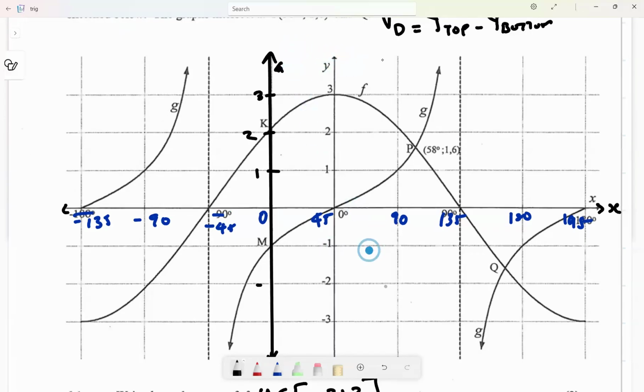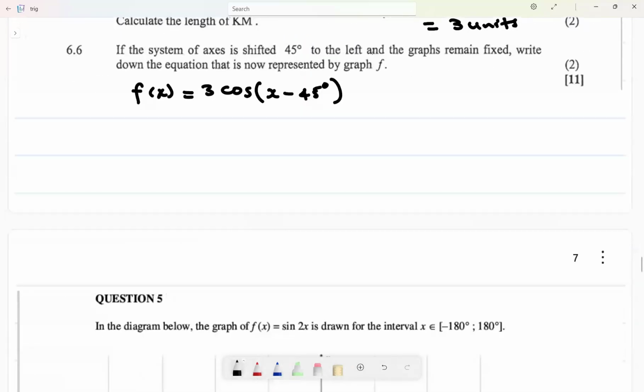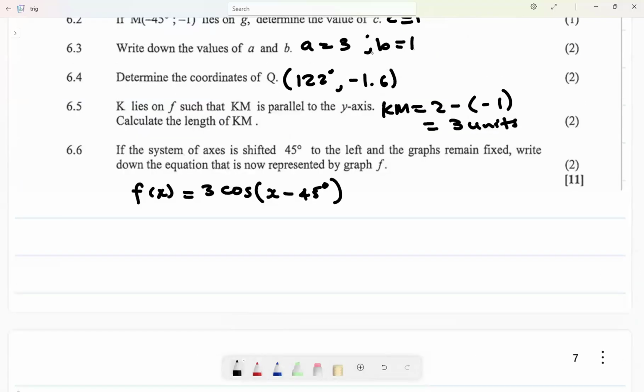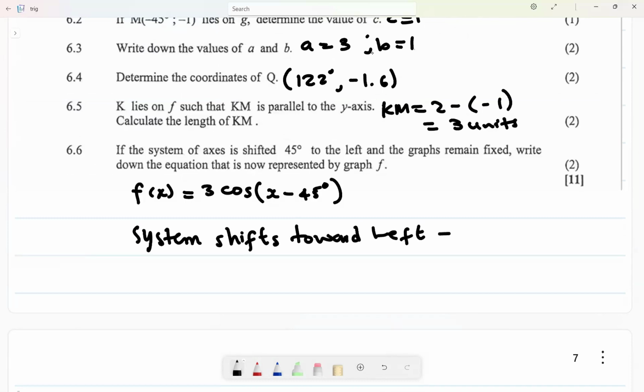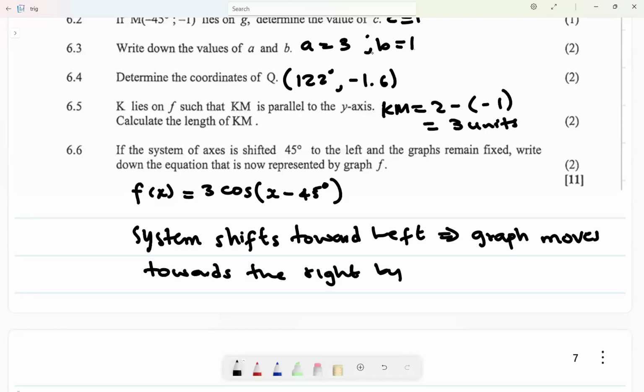So what you should take note of is that when the system shifts towards the left, your graph does not move, but it seems to move towards the right by whatever amount you need.